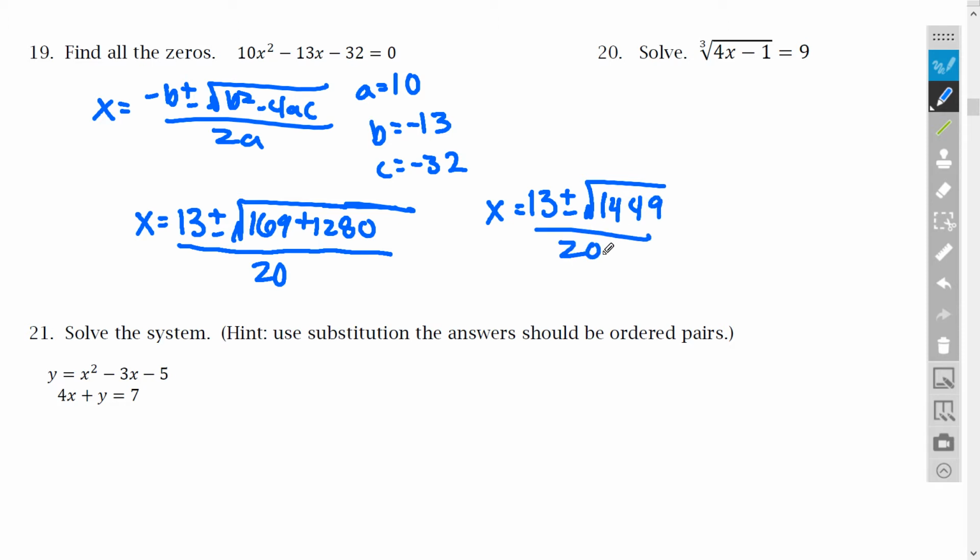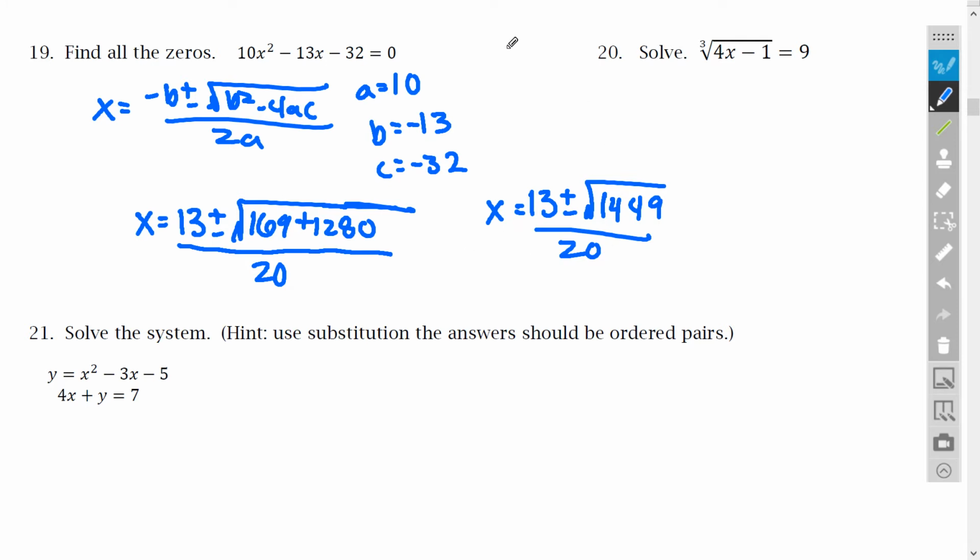Okay, so I don't know if 1449 is a perfect square, so let me see if I can take the square root of it, and I cannot. So I'm going to try to simplify that and see if there are some perfect squares that go into it. So 4 does not go into it. 9 goes into it.